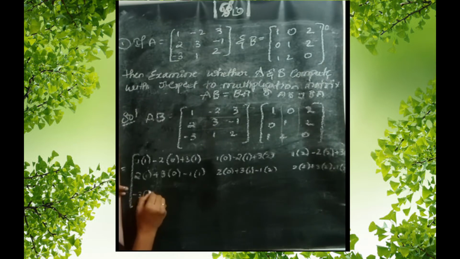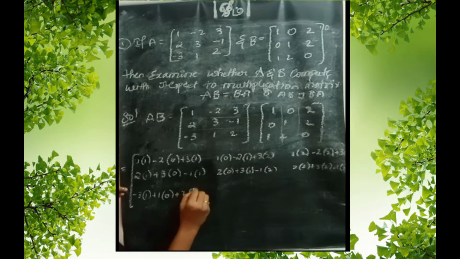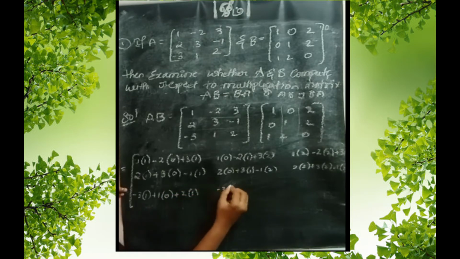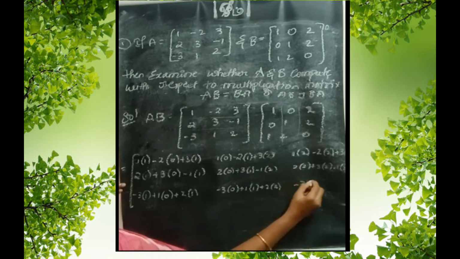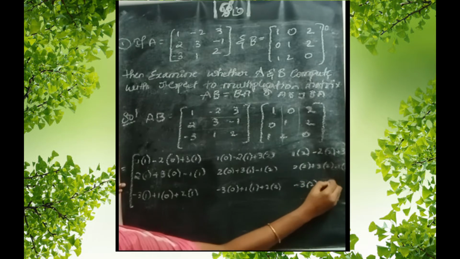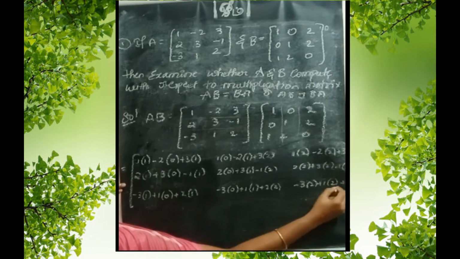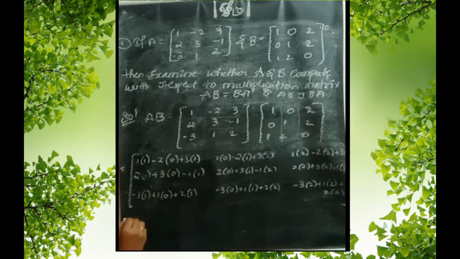Then the third row: minus 3 into 1 plus 1 into 0 plus 2 into 1. Minus 3 into 0 plus 1 into 1 plus 2 into 2. Minus 3 into 2 plus 1 into 2 plus 2 into 0.